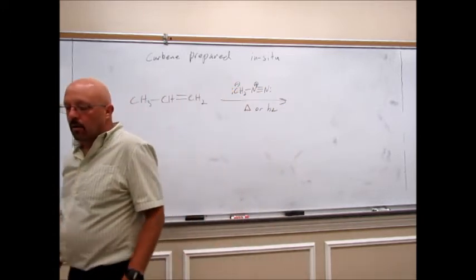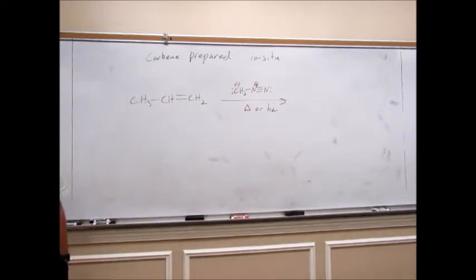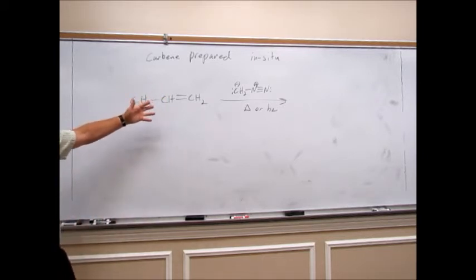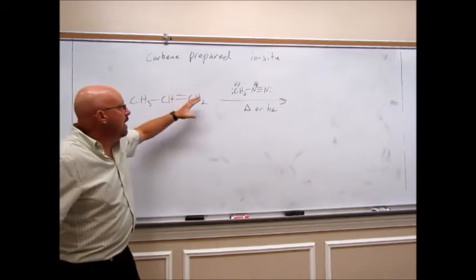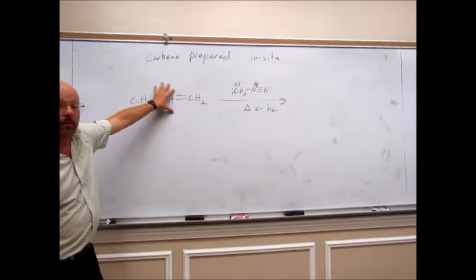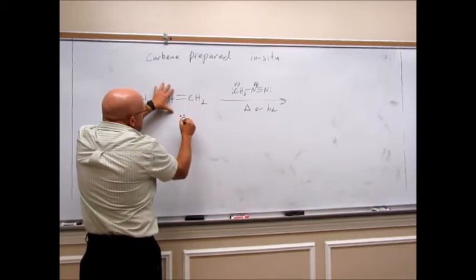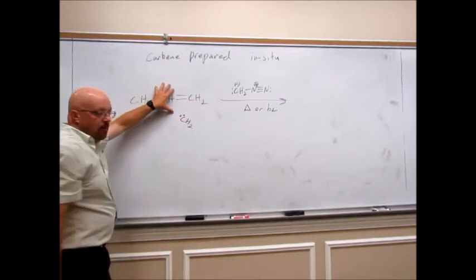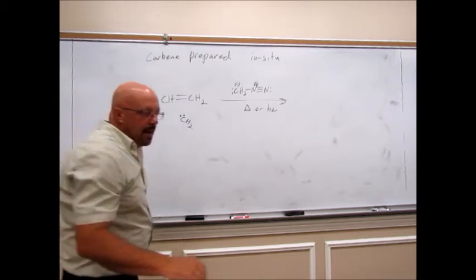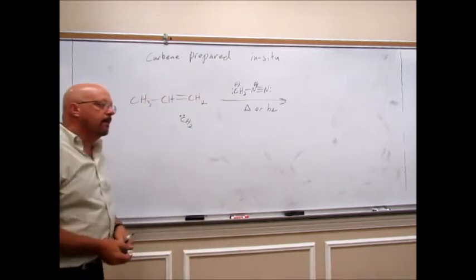Heat or light, of course, breaks the diazomethane apart. That's going to make the carbene. So this is preparing it in situ. We're making it in the same flask as what we're going to react it with. So as soon as the carbene is made, there's our carbene. The carbene reacts with the double bond.